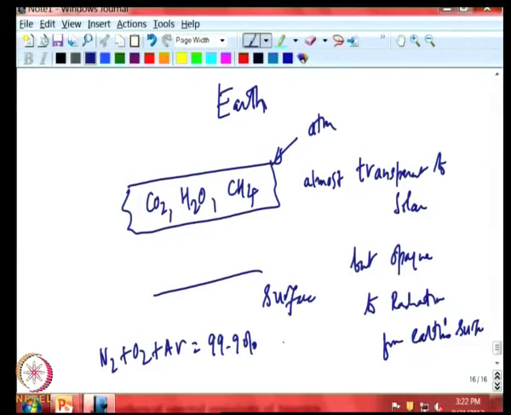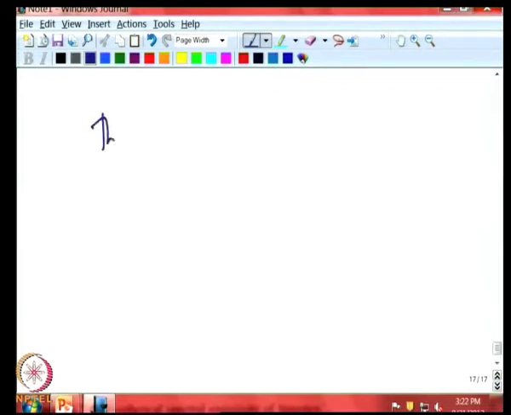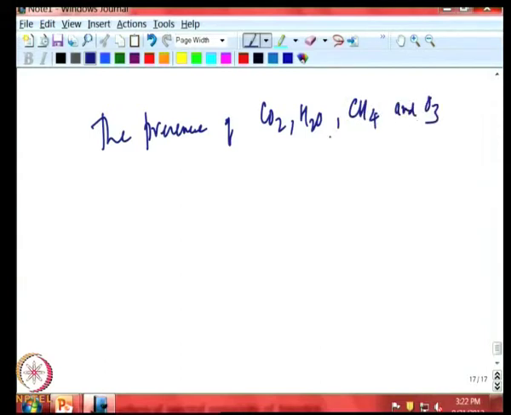It is the minor gases which constitute a very small concentration. They are the ones which are influencing the Earth's climate because of their ability to trap it. So, because of the presence of these gases, methane, I will also add ozone. All these are gases which trap Earth's radiation.